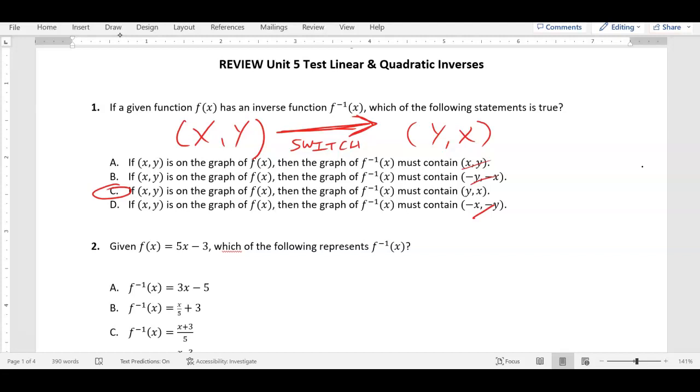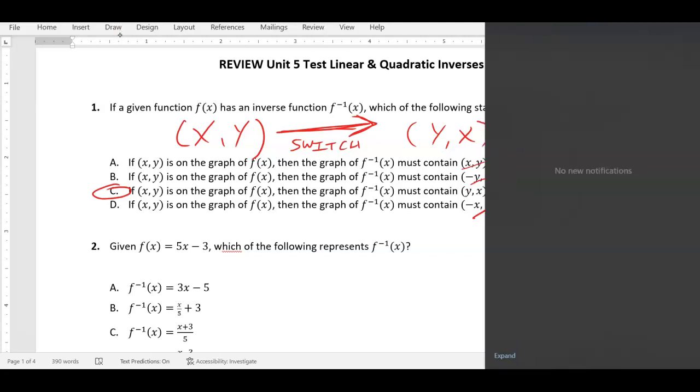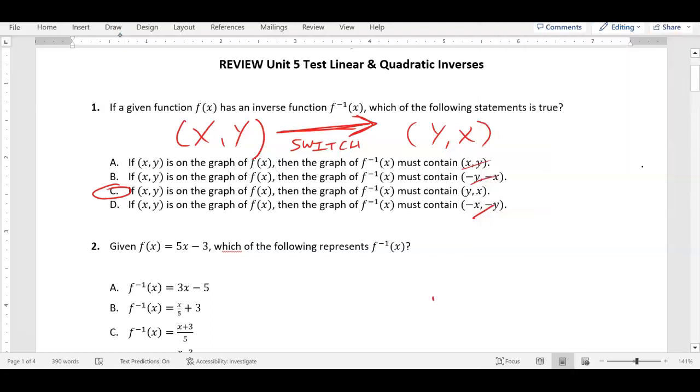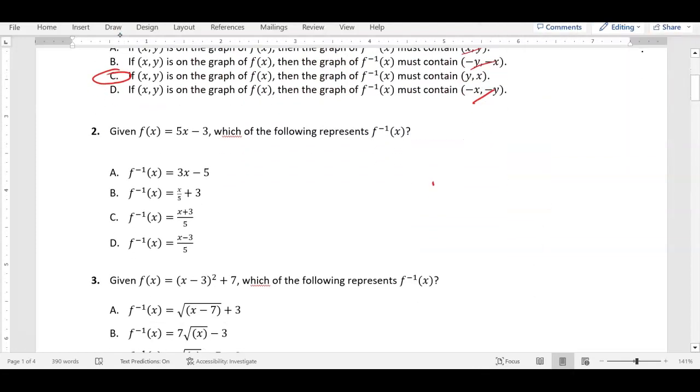You don't change the signs, you don't keep it the same. Okay, that's true. Number 2, which of the following represents f inverse x? Well, first step, as usual, we'll turn this into a y. Switch x and y.